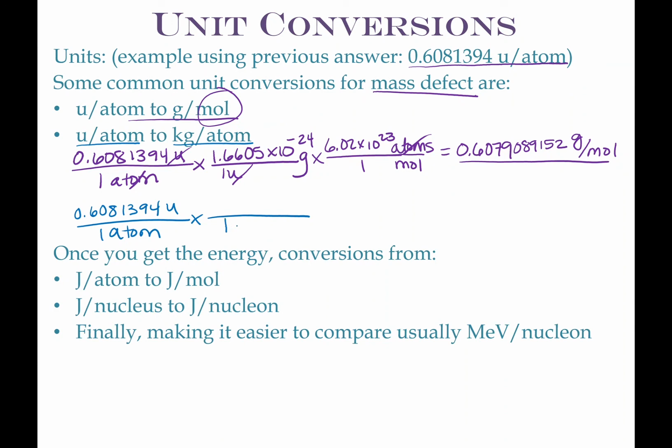And 1 U is 1.6605, but instead of being times 10 to the negative 24th like we had here, it's going to be 3 higher, times 10 to the negative 27th to go from grams to kilograms. Calculate that, and we get 1.00981547 times 10 to the negative 27th kilograms per atom.